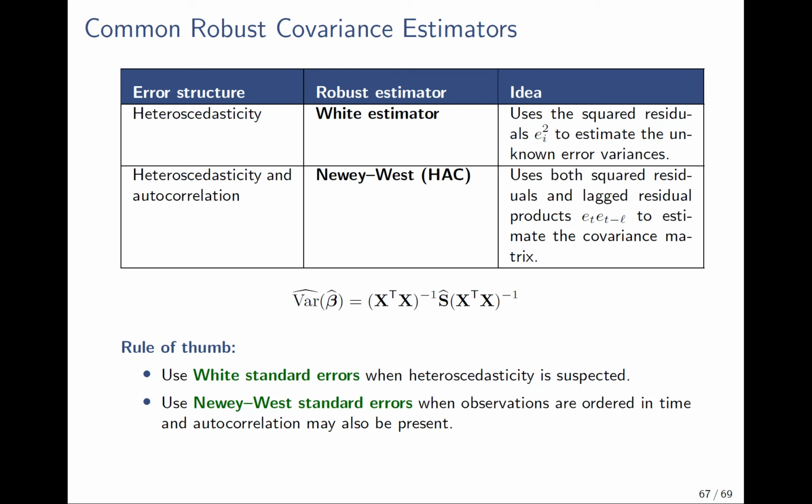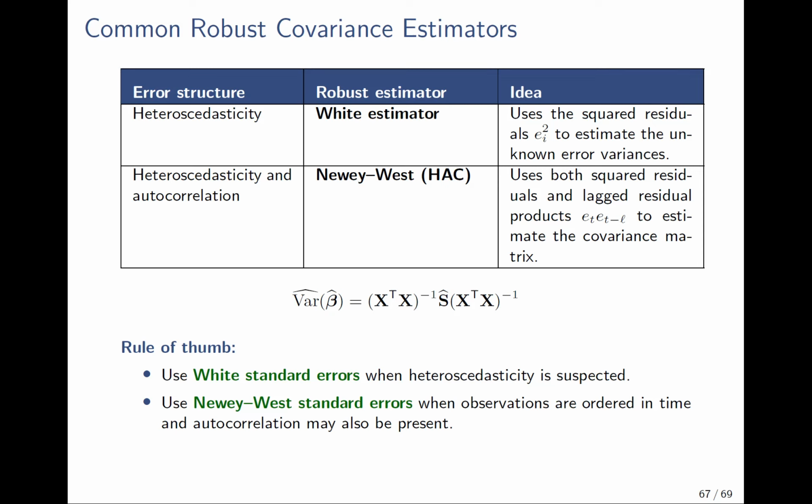For heteroscedasticity and autocorrelation together, the Newey-West estimator, also called the HAC estimator, for heteroscedasticity and autocorrelation consistent. This uses both the squared residuals and the lagged residual products, e_t times e_{t-1}, to estimate the covariance matrix, allowing for correlation between errors that diminishes as their separation in time increases.